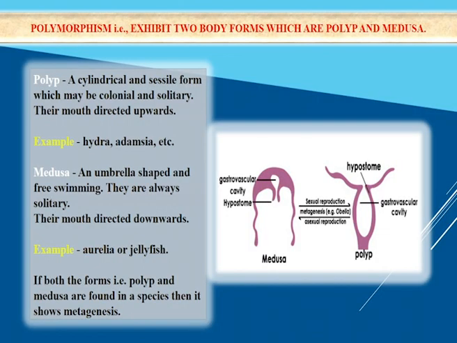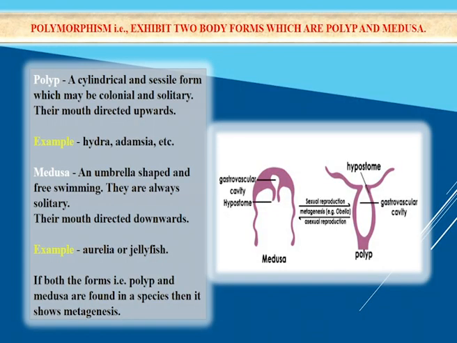One of the characteristic features exhibited in cnidarians is polymorphism. Polymorphism means the organism exhibits two body forms, polyp and medusa. That means the organisms exhibit two totally different forms in their life cycle.